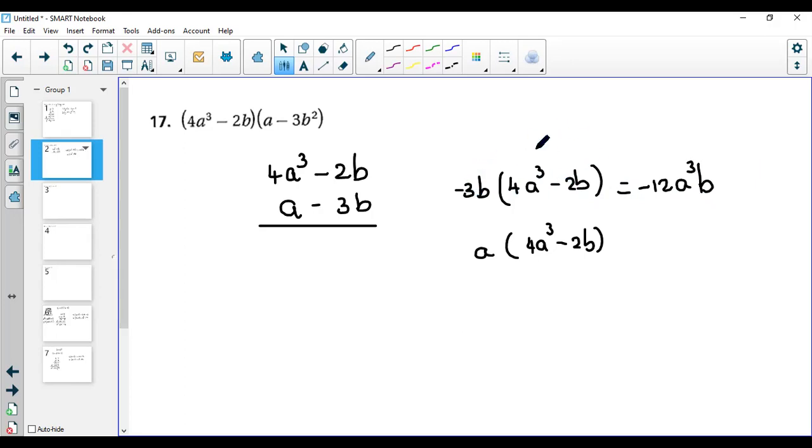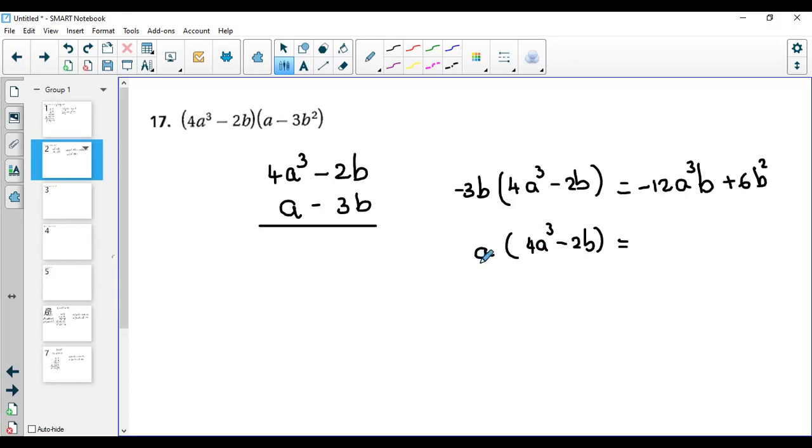So minus 3 multiplied by minus 2 will give you a plus 6. Then b, there are two b's, which means it's going to be b to the power of 2, or b squared. So minus 3b multiplied by minus 2b is positive 6b squared. Now if you don't understand multiplication, please watch yesterday's video. As I told you before I started the lesson, you will not understand anything unless you watch yesterday's video.